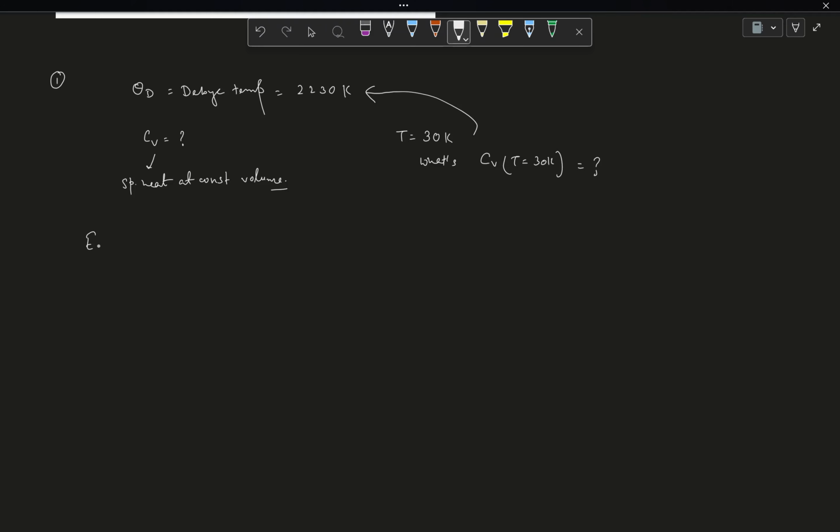Because Einstein initiated the theory, he used the quantum aspect in the problem, and therefore he gave almost a qualitative match of behavior with the experimentally seen trend. And then Debye actually improved the theory much more, started from where Einstein's theory was lacking, and then it resembled even more the real experimental behavior of samples.